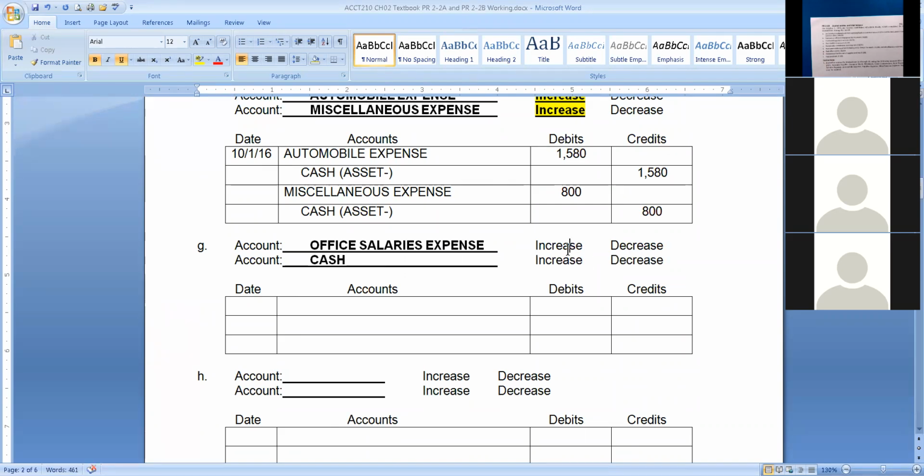Okay, the office salaries expense is always increasing. Any expenses are always increasing. The cash account, is it increasing or decreasing? Decreasing. Yeah, so we're paying these people.